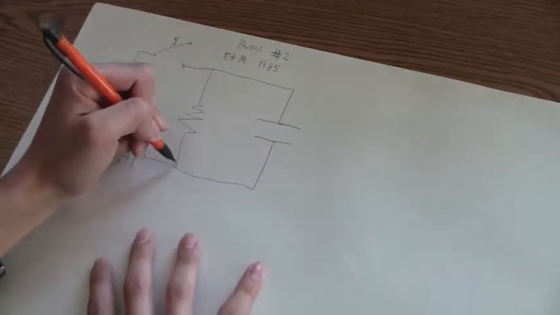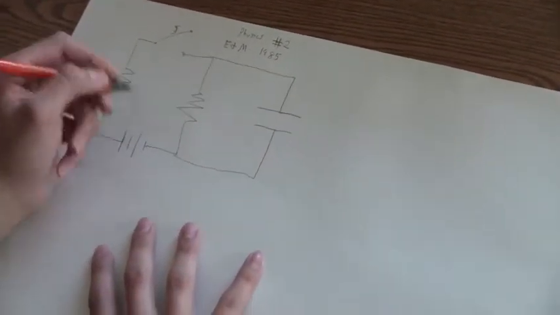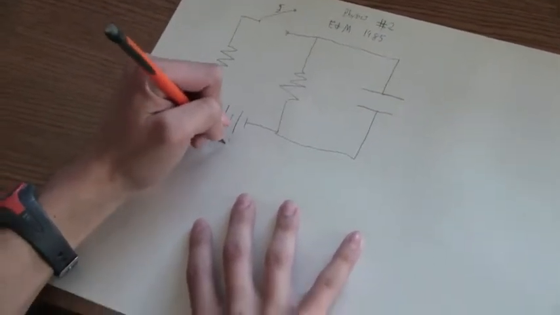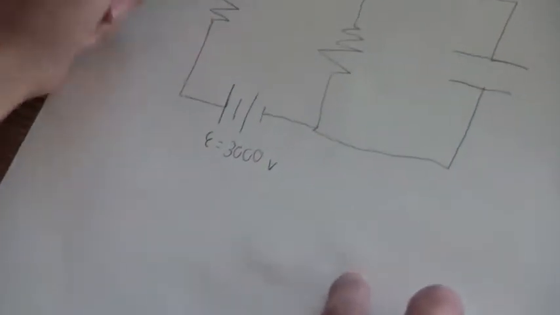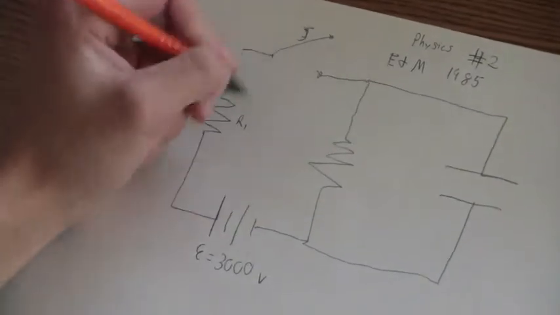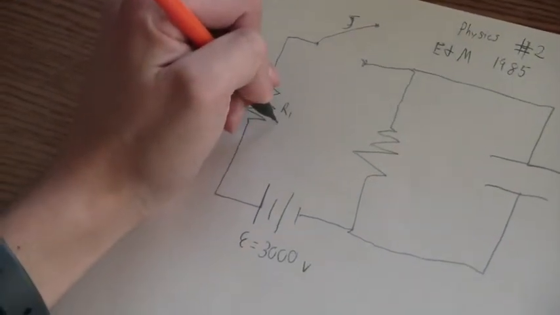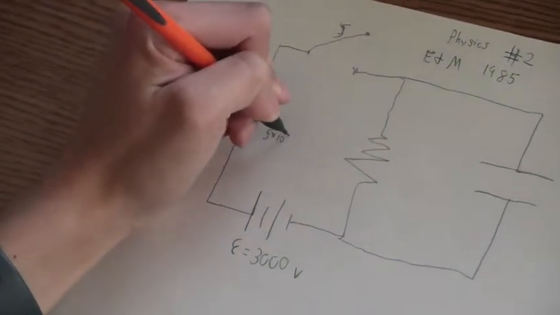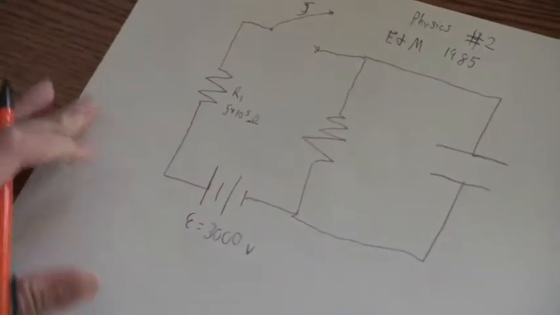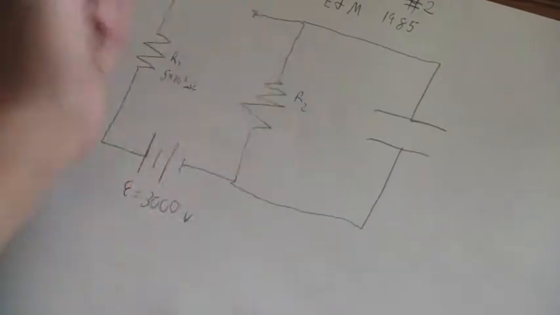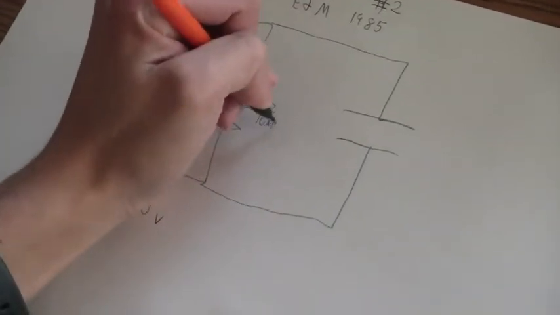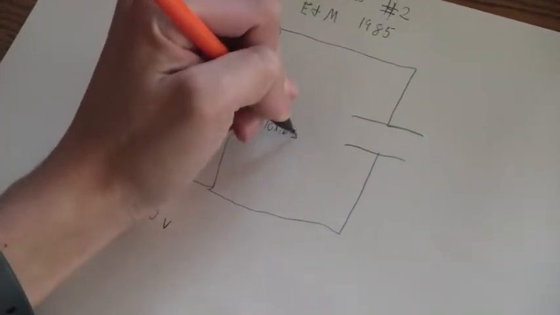So what we have here is you've got your battery of epsilon, which is equal to 3,000 volts. You have R1, which is equal to 5 times 10 to the 5th ohms. You have R2 over here, which is equal to 10 times 10 to the 5th ohms.